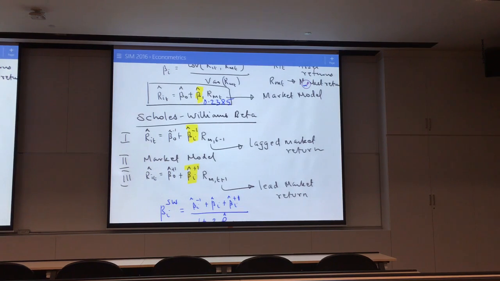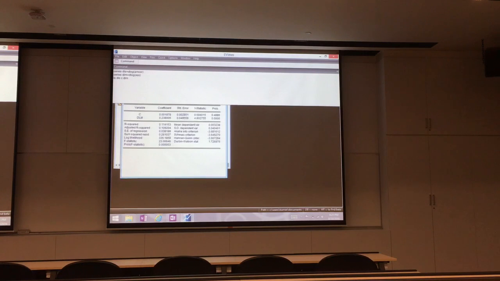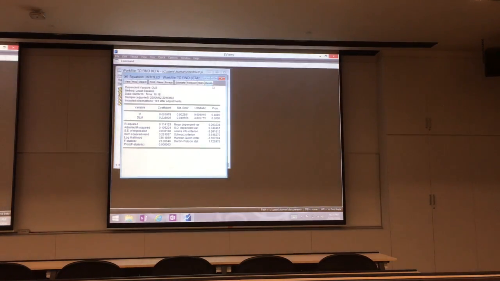Does anyone remember the value? 0.238005, right? Correct. Now we have to have the lagged market model, so I'll close this one.